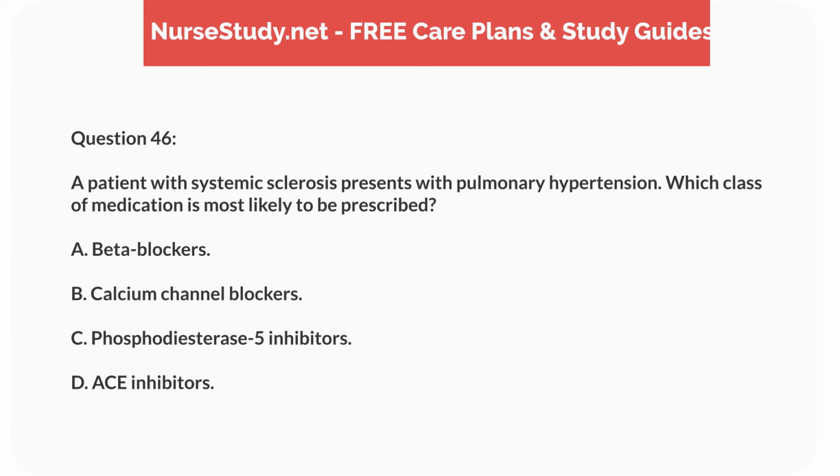Question 46. A patient with systemic sclerosis presents with pulmonary hypertension. Which class of medication is most likely to be prescribed? A. Beta blockers. B. Calcium channel blockers. C. Phosphodiesterase 5 inhibitors. D. ACE inhibitors.